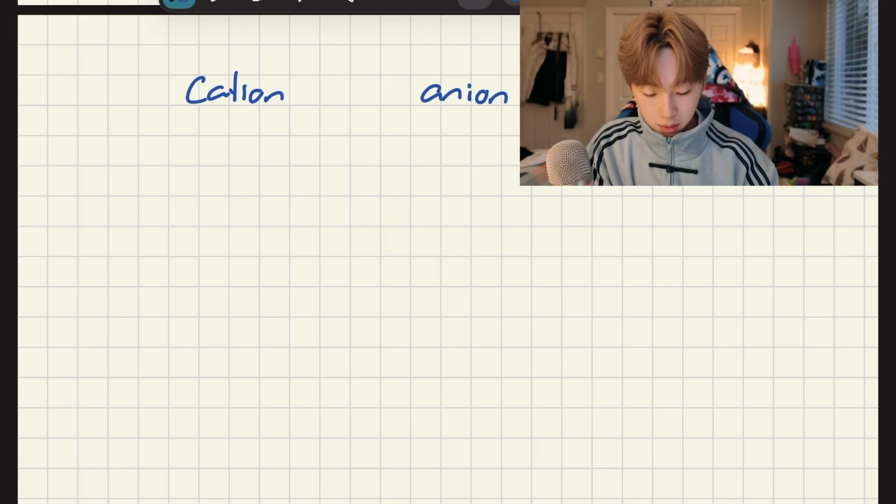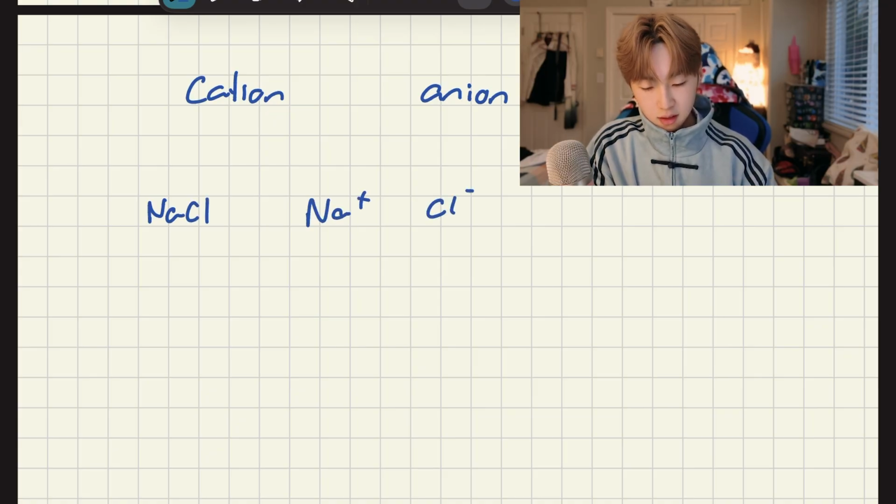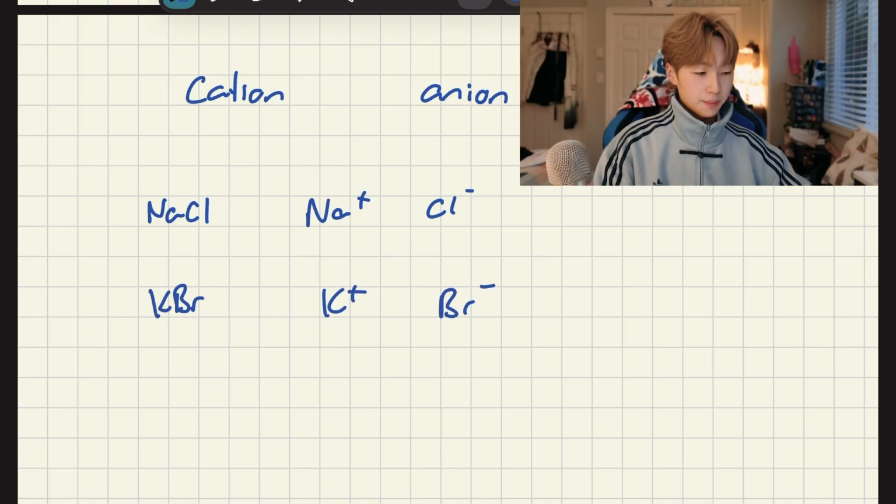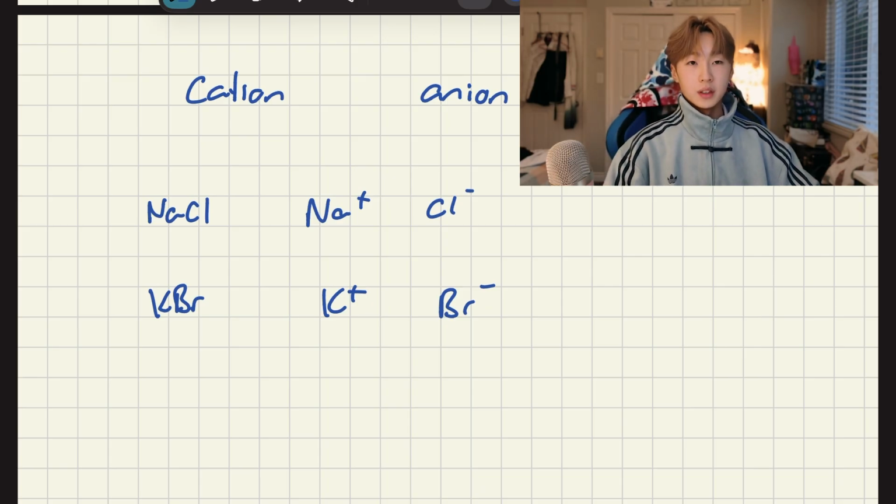Some common examples are NaCl, that consists of Na+ and Cl-, or KBr, which consists of K+ and Br-. And these are just common examples of salts.